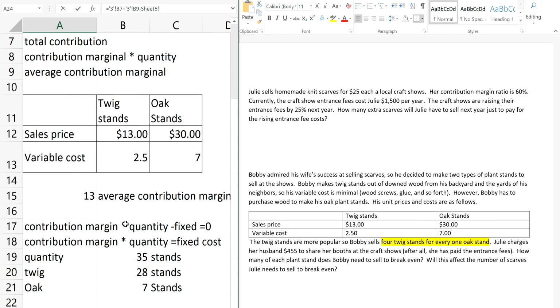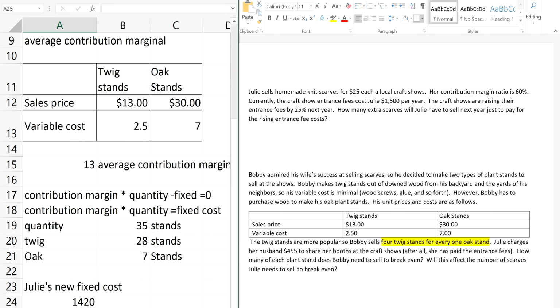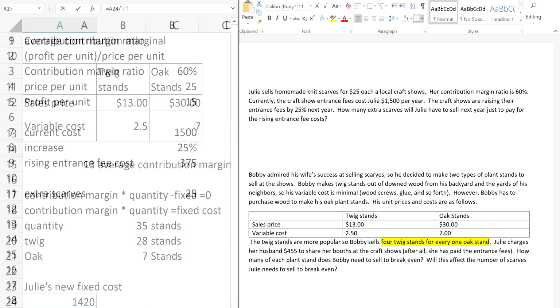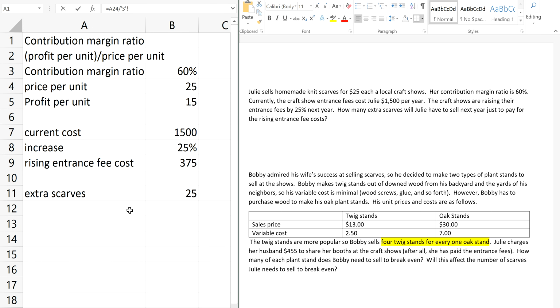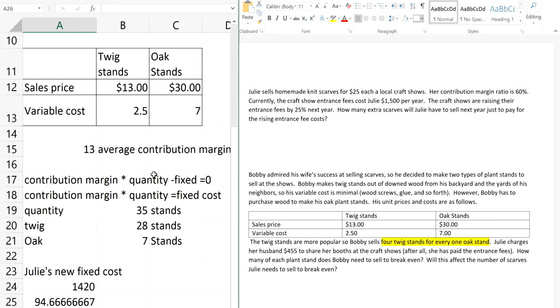So her husband pays her $455. So for Julie, her new fixed cost is $1,420, and then to break even on her side, we do $1,420 divided by the profit for each one. So Julie needs to sell about 94.7 scarves to break even now.